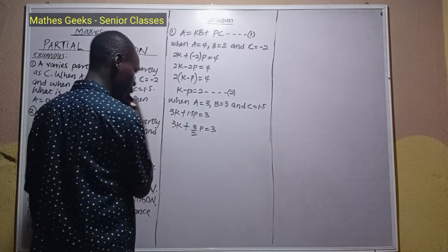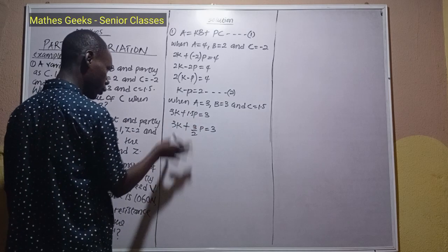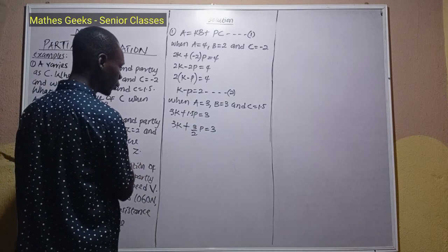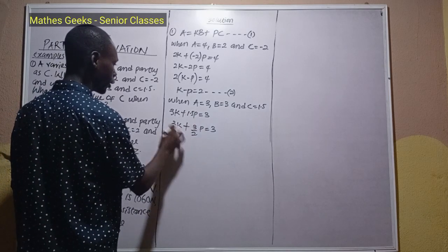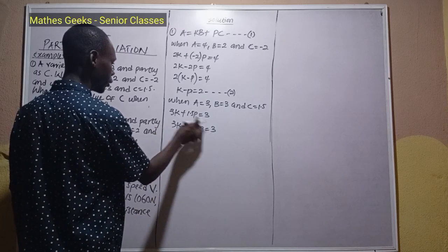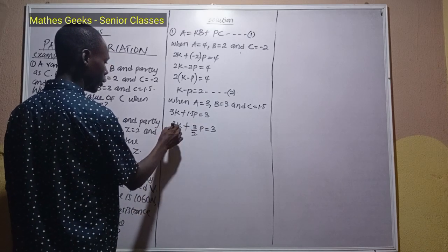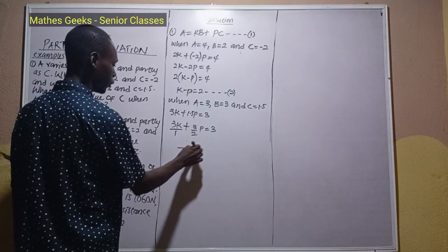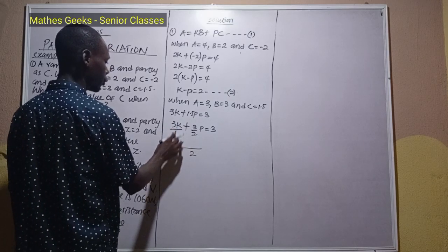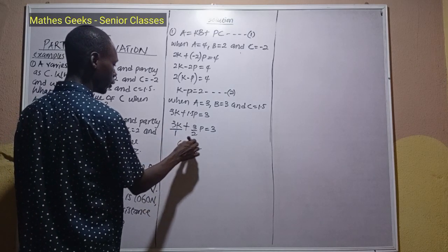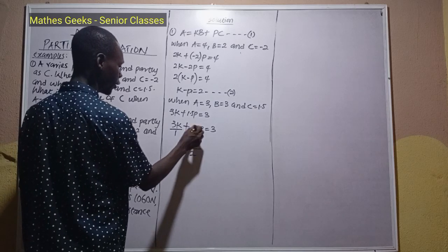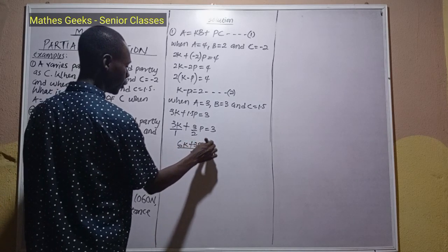I want to do my solving like this. So 3k, I'm going to simplify this part, and it's the terms we have on the left side of the equation. So make it over 1, and then look for the LCM, which is 2. 2 into 1 is 2, 2 times 3k is 6k. 2 into 2 is 1, 1 times 3 is 3p, equal to 2 times 3, which is 6.